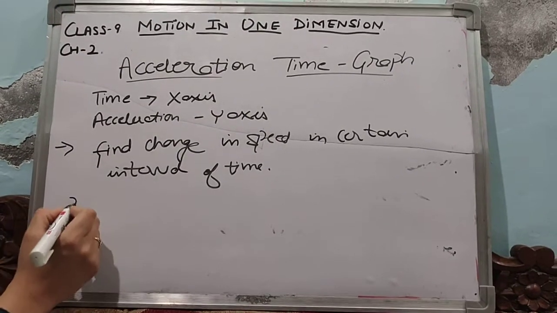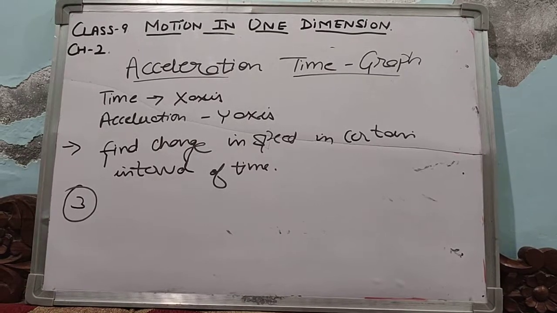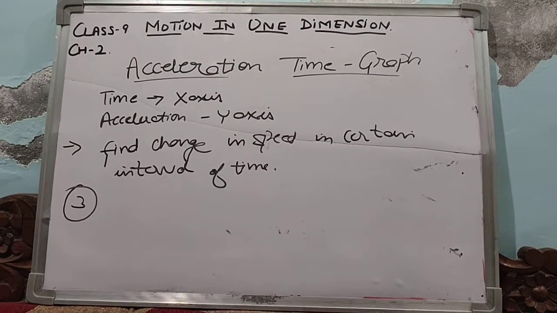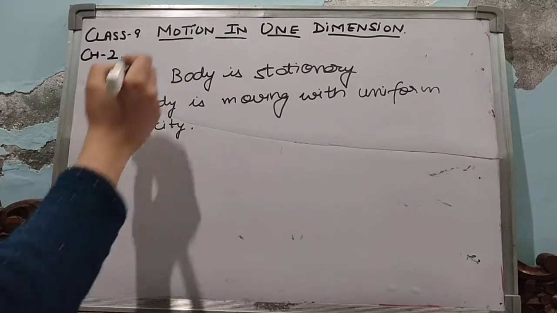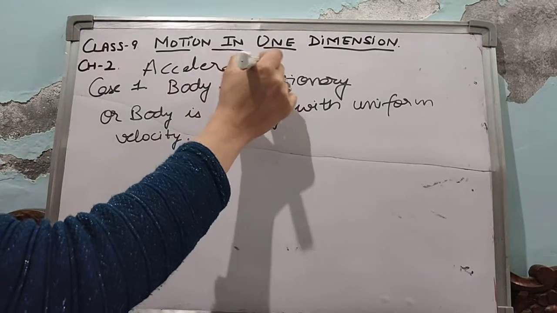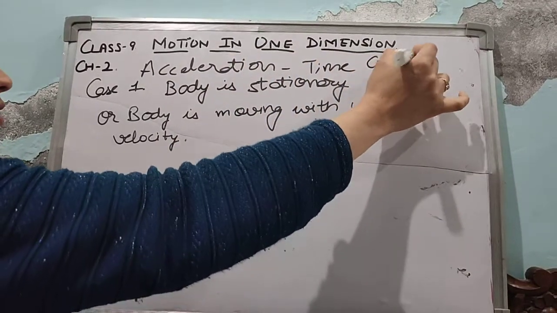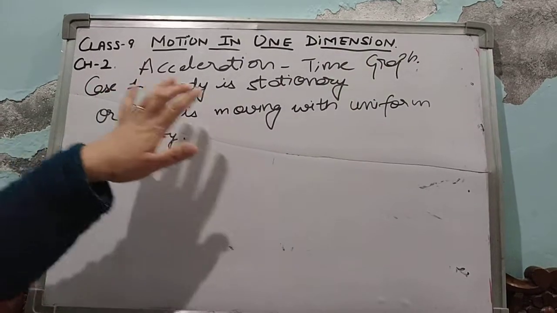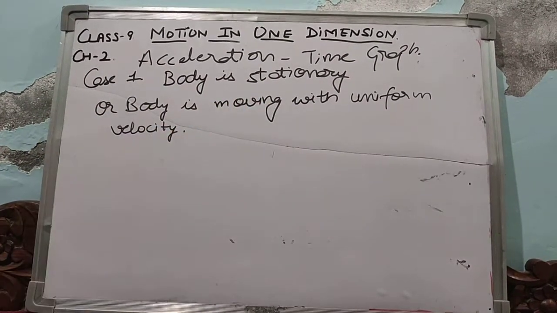Now we have three cases. I'll be discussing three cases of how we can plot the acceleration time graph. So this is case 1 for your acceleration time graph. The first case is when a body is stationary or the body is moving with uniform velocity.